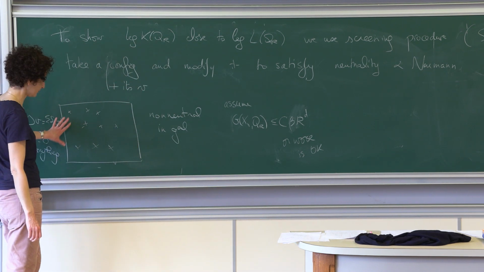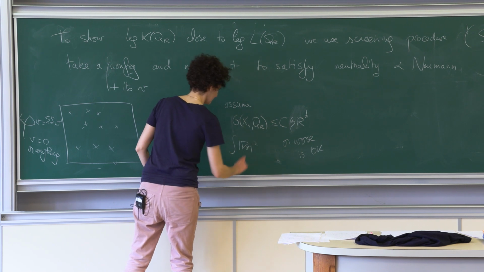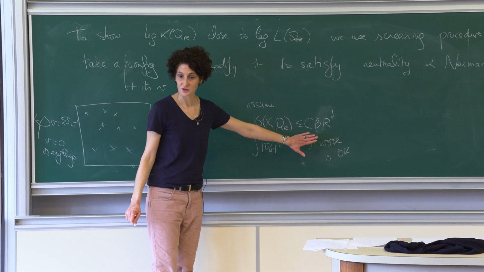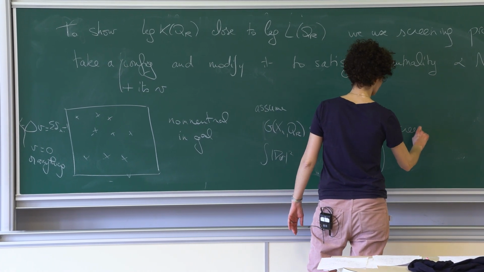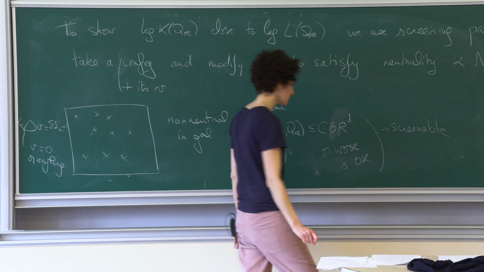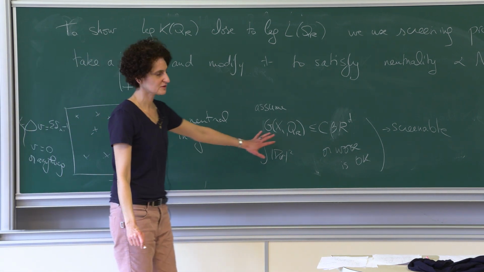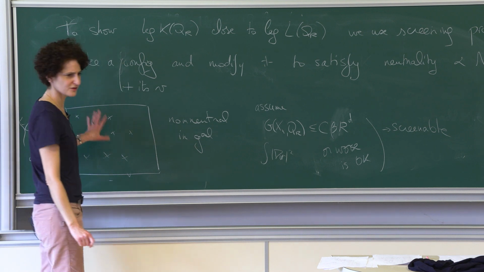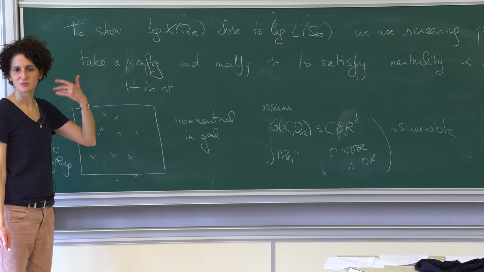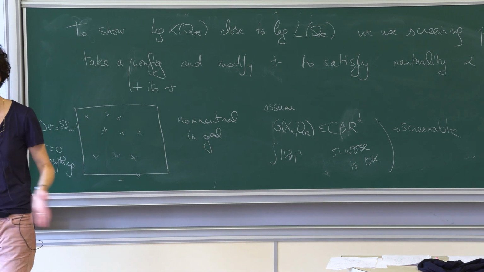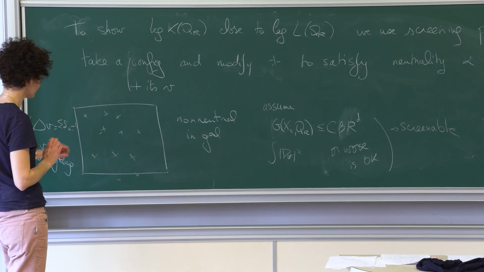Okay, so you know your energy. In particular, you know your V. If you satisfy a condition like that, we say it's screenable. So the configuration should not be too crazy. If it's not screenable, it means you really have a lot of energy in there. And these configurations, you will be able to throw them away because configurations with huge energy have very small probability. Okay, so you throw those away, but now you look at the ones that are screenable.